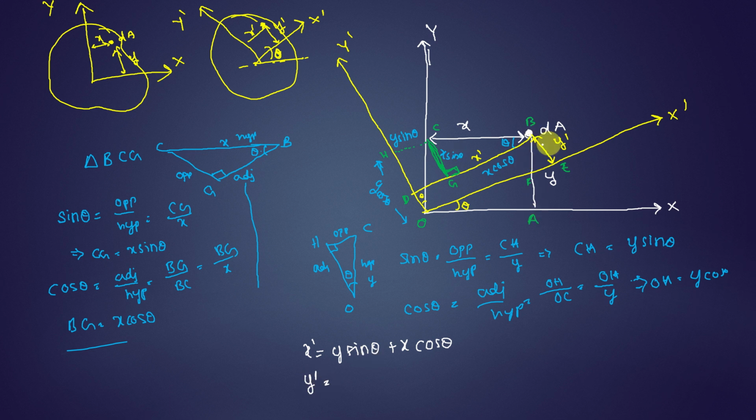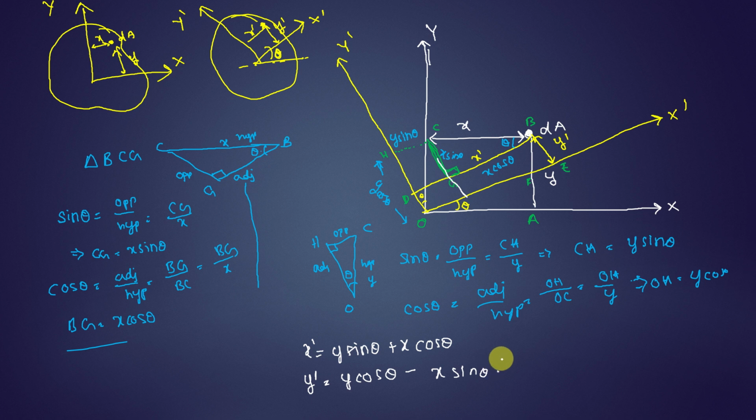This y dash is y cos theta minus x sine theta. Entirely this is a big line, y cos theta entirely. If you remove this x sine theta, you will get y dash, that is y cos theta minus x sine theta. Right? Those are the new coordinates in terms of known coordinates and angle theta.